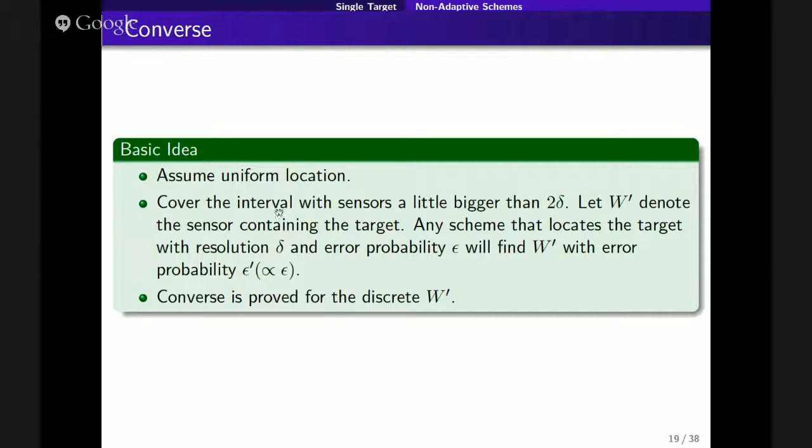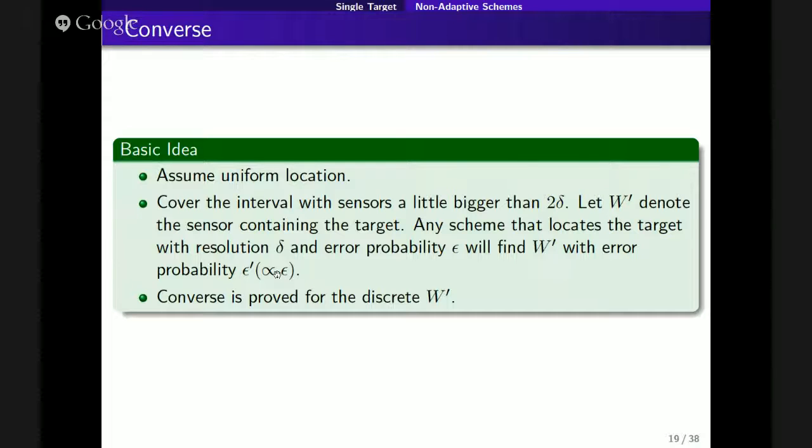And the basic idea is the following. In the converse, it's safe to assume uniform location. And then we look at an interval with sensors, like we had in the direct. The idea here is that any system which can locate your target with resolution delta and error probability epsilon will also give you the actual sensor with probability corresponding to the same epsilon.